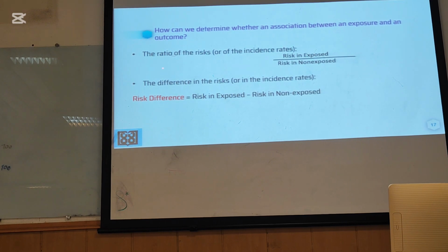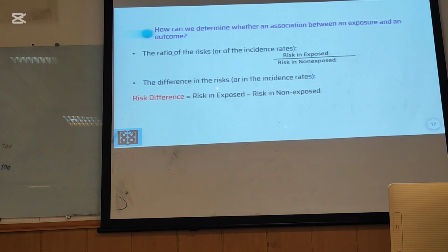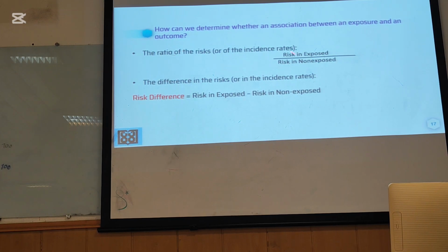Okay? In the ratio approach, you should divide the risk in the exposed group by the risk in non-exposed, or odds in exposed divided by odds in non-exposed. In the difference approach, you should subtract the risk in non-exposed from the risk in exposed.